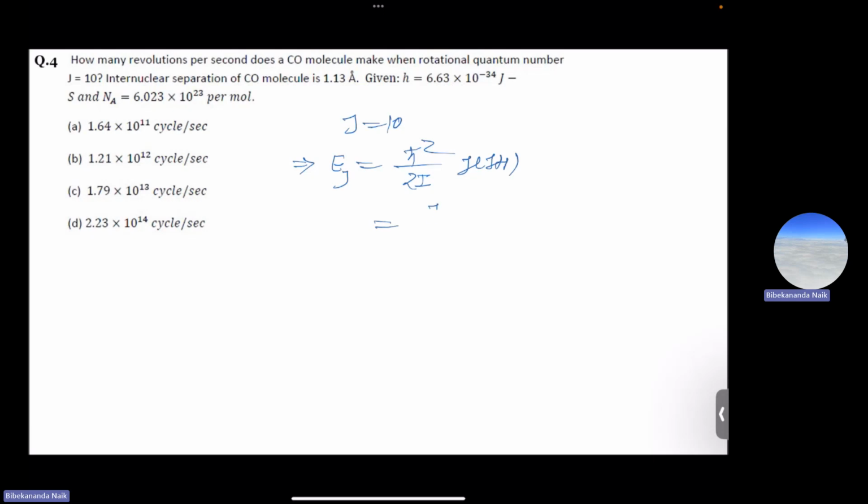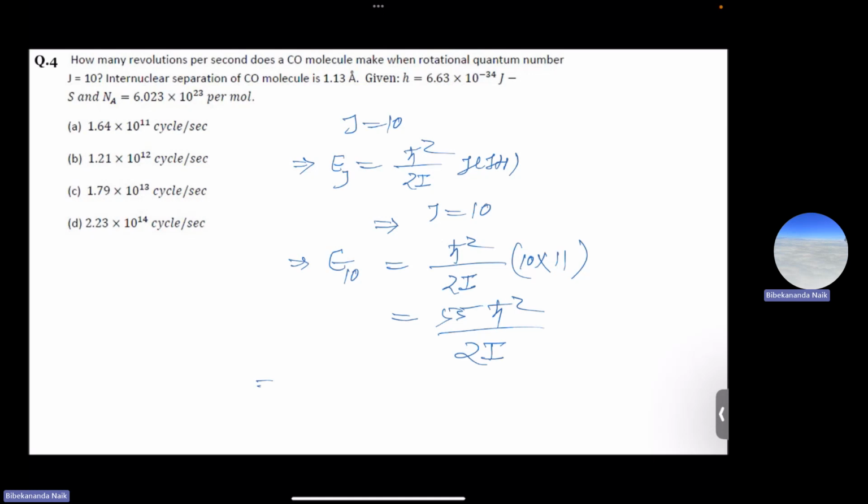For J equal to 10, E10 will be h square by 2I into 10 into 11. 10 into 11 is 110, divided by 2 is 55. So it is 55 h square by 2I.